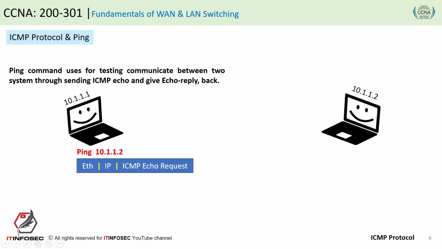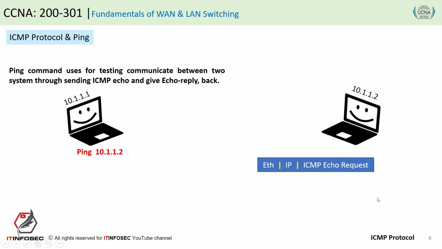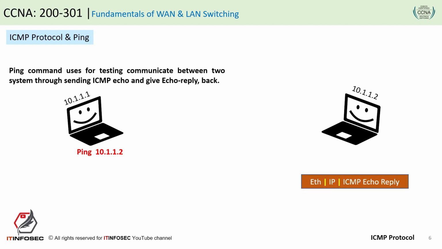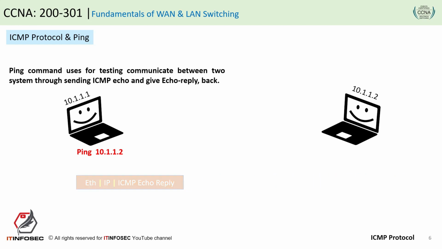So this message will be added to this packet: Ethernet, source IP and destination IP, and the ICMP echo request. When I hit enter, the request is sent to the destination. If the destination successfully receives it, it will reply with an ICMP echo reply and send it back to me.